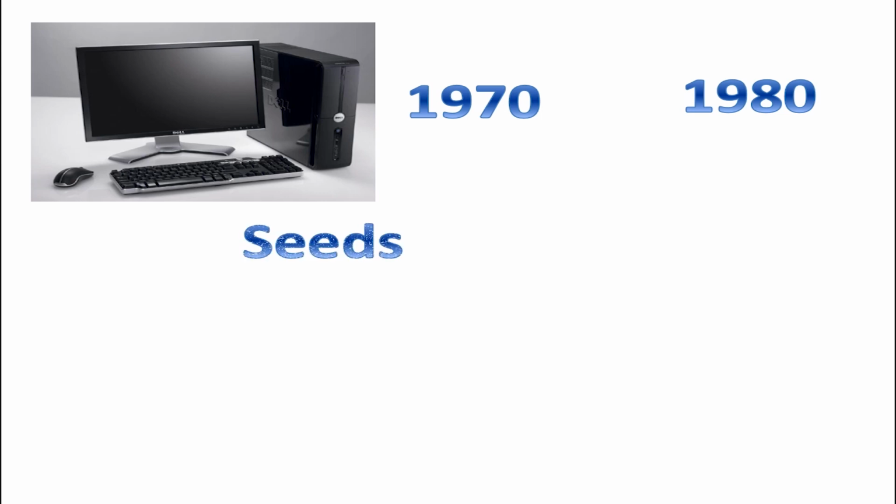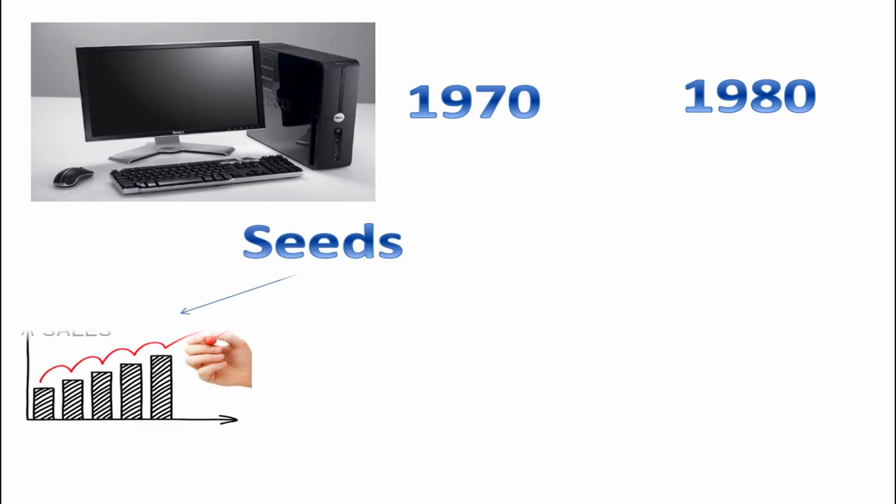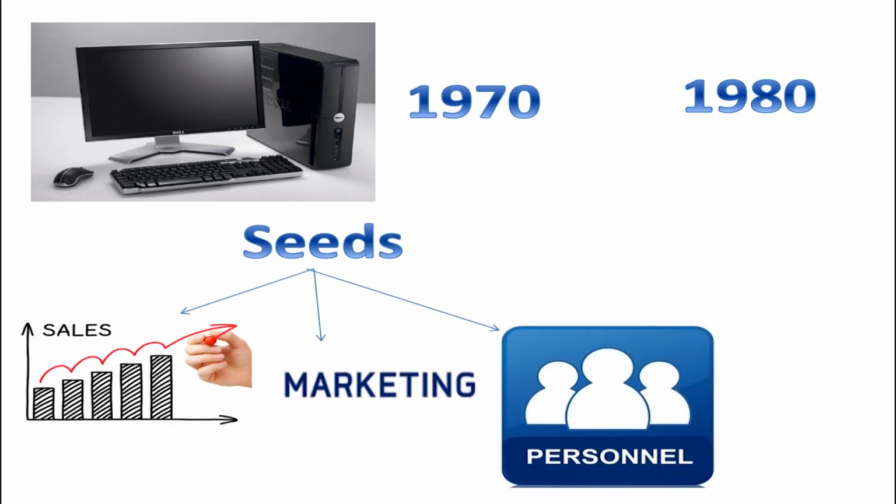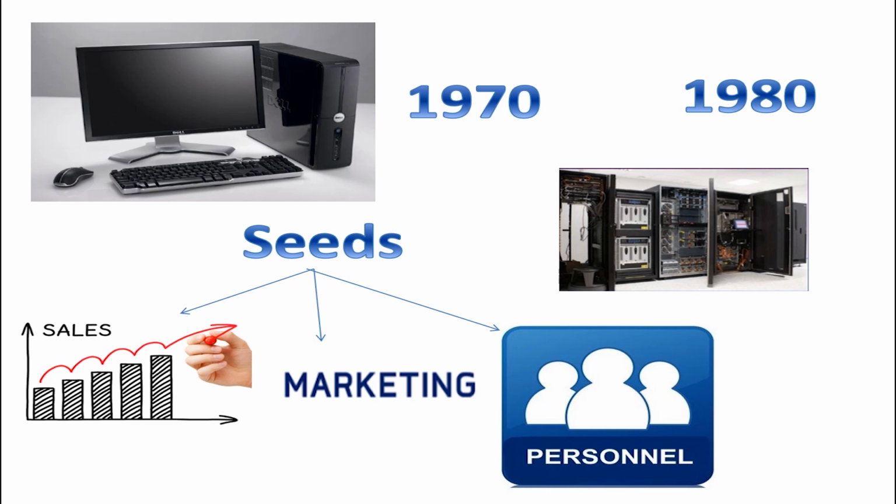Personal computers, called micro PCs, appeared in the 70s and spread widely in the 80s. Some of these were used as freestanding seats of MIS systems, serving sales, marketing, and personnel systems with summarized data from them transferred to the mainframe computers.